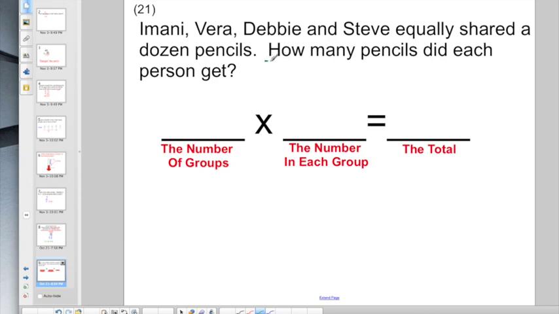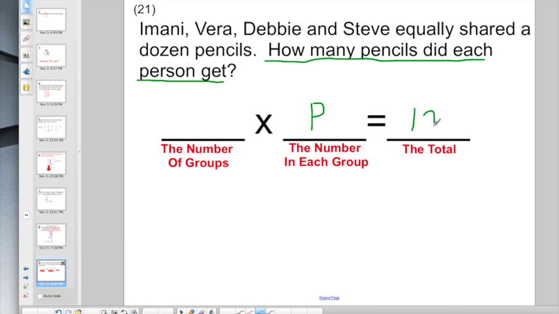So let's talk about where I'm going to put my variable right now. How many pencils did each person get? That sounds to me like they're looking for the number in each group. Maybe I'll use a P. I have 4 people equally sharing a dozen pencils.